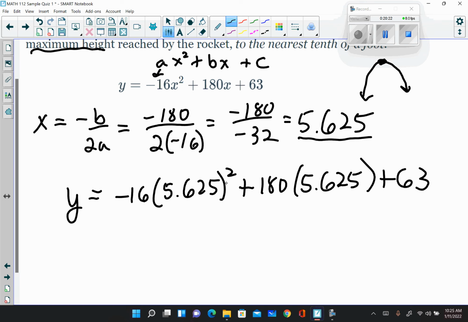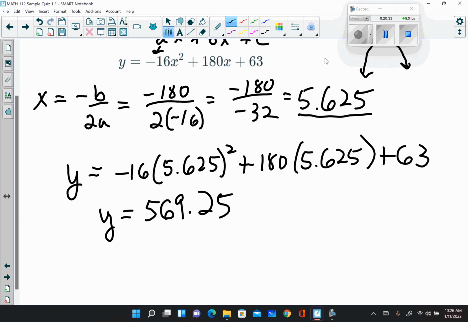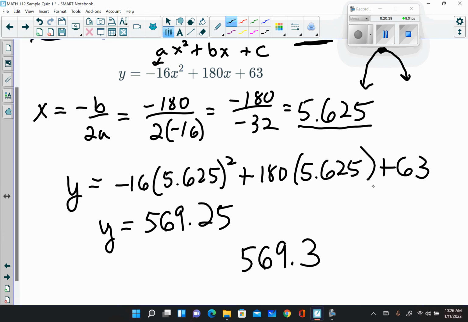And I punch all that into my calculator and I get y to be 569.25. But it does say to give the answer to the nearest tenth. So I would round this to 569.3 feet.